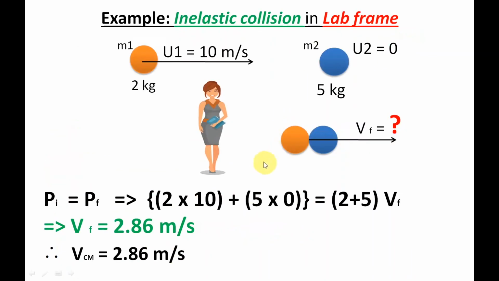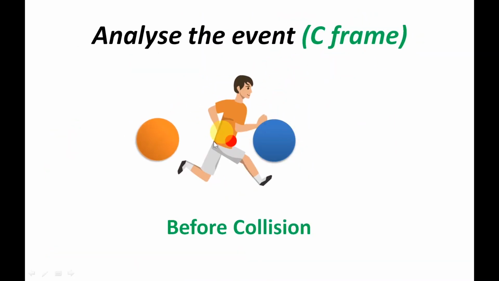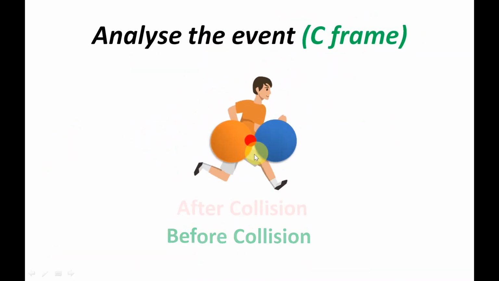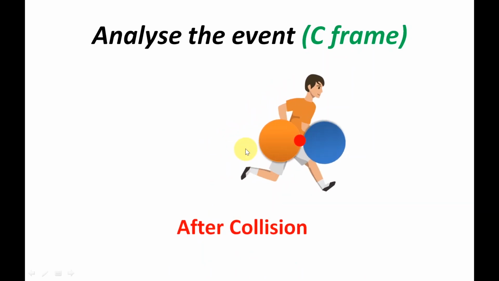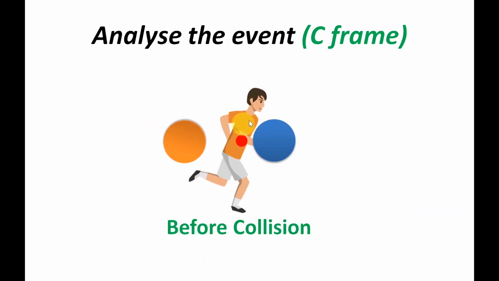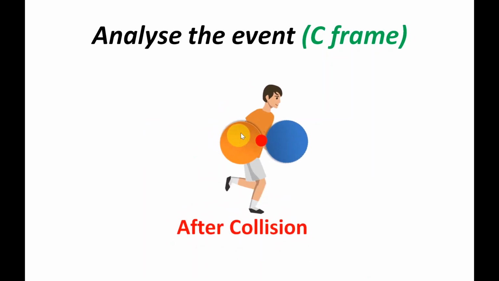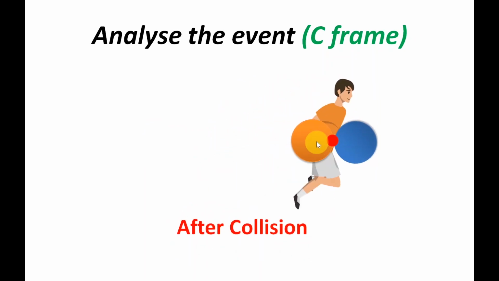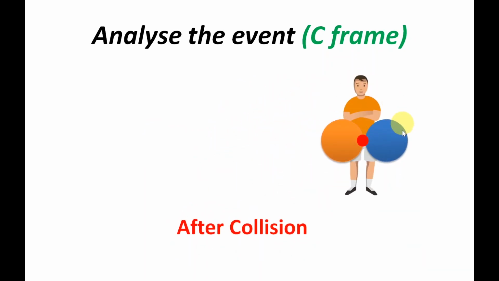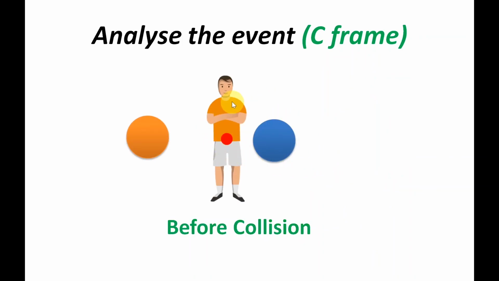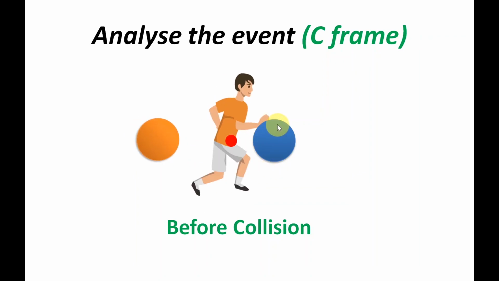But it was not the case for the center of mass frame of reference, as whenever these two particles move towards each other, the center of mass is also going to move, so the center of mass frame is also going to move with it. To conclude, the position of the center of mass frame is dependent on the velocity and position of the two particles that are colliding.